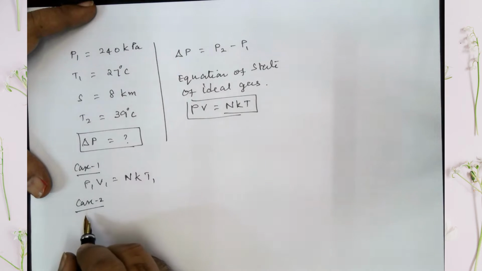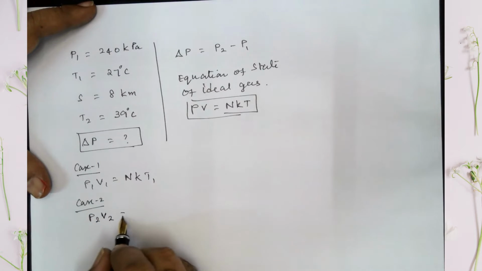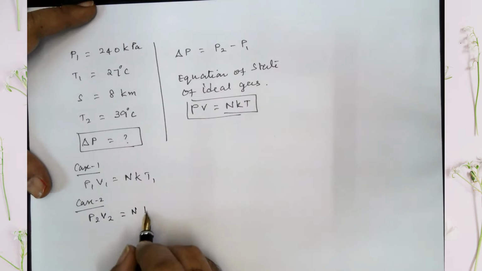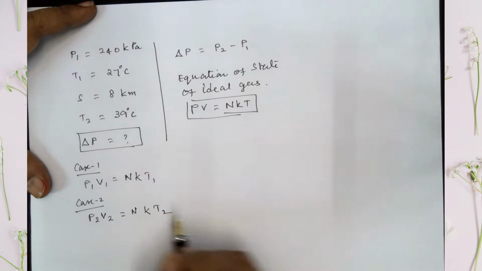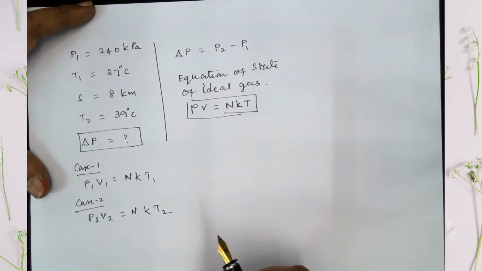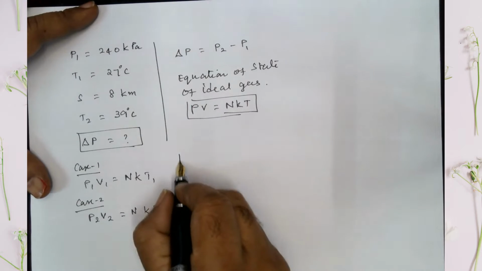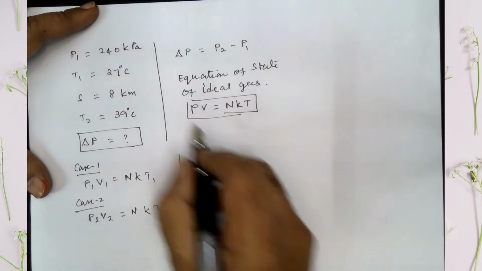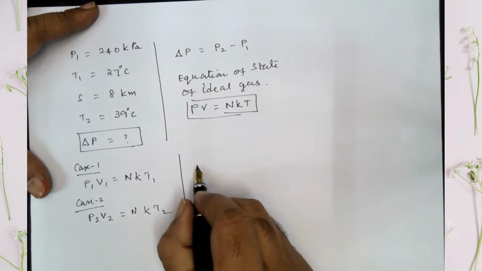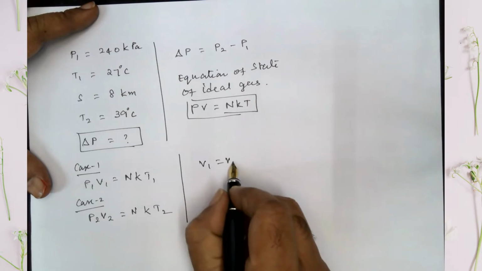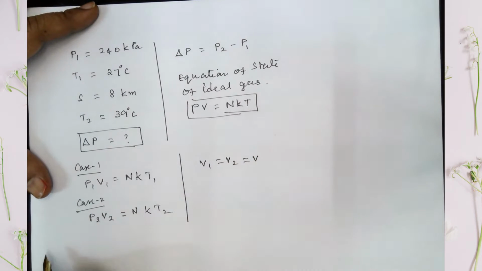About to reach the school, where the pressure is P2 and volume is V2, and N and K are constant, and the temperature becomes T2. Now there is no change in volume because volume remains constant. So V1 is equal to V2 is equal to V.